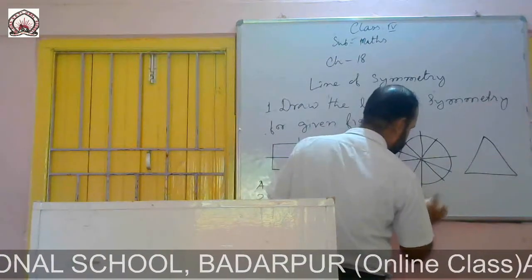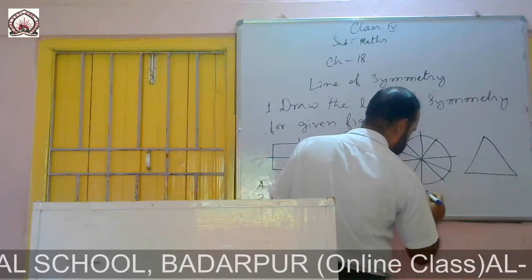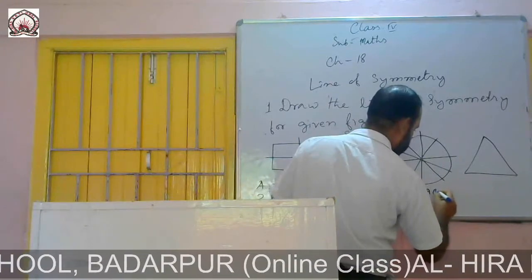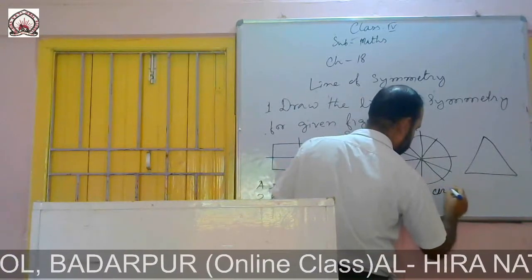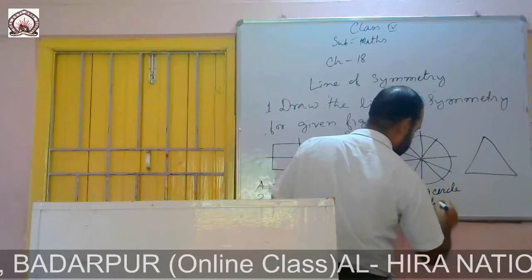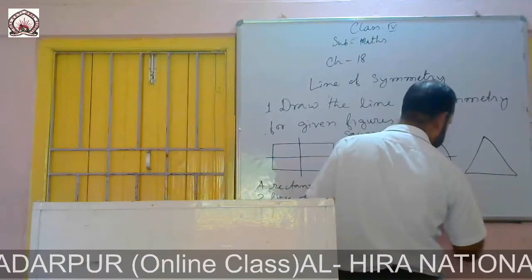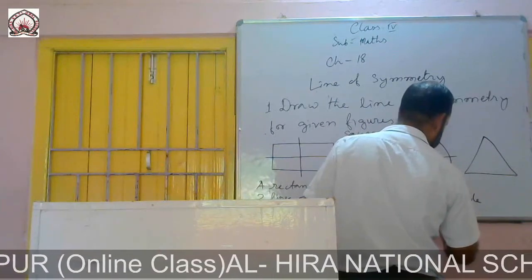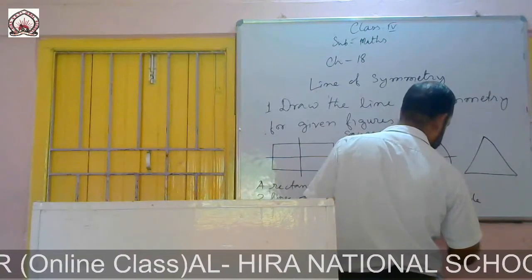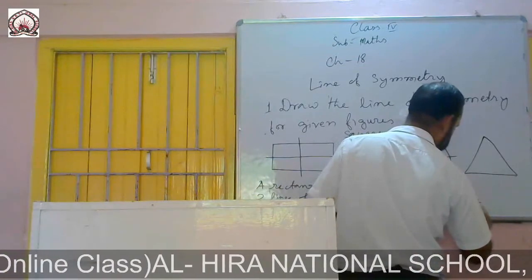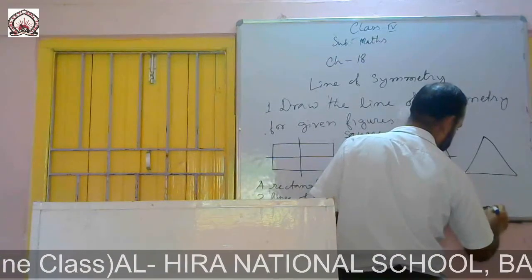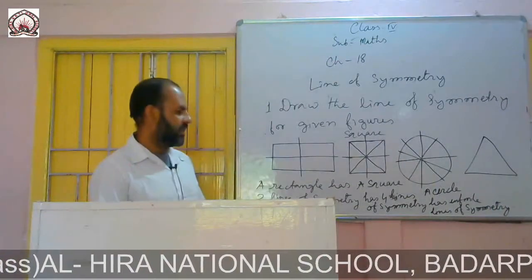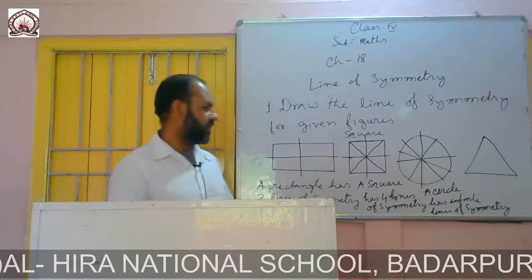So here we find infinite lines of symmetry. So here we write, a circle has infinite lines of symmetry.